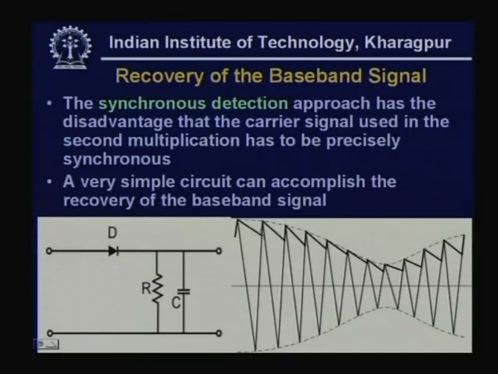Since Fc is very high compared to Fm, this will be quite smooth, and you will get that baseband signal recovered by using this kind of simple circuit. This is known as detection with the help of a diode, and this is commonly used in many situations.